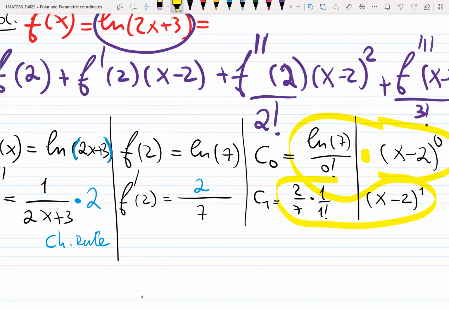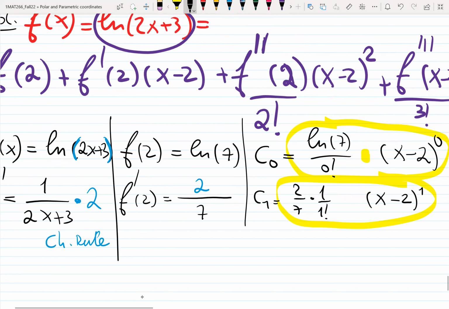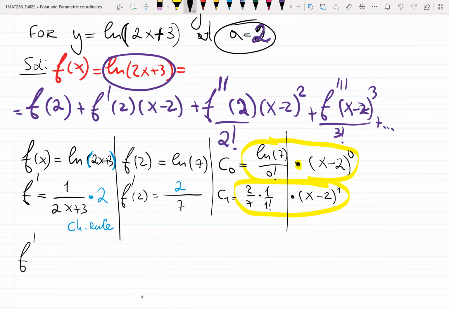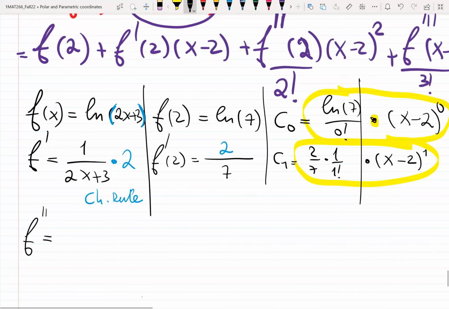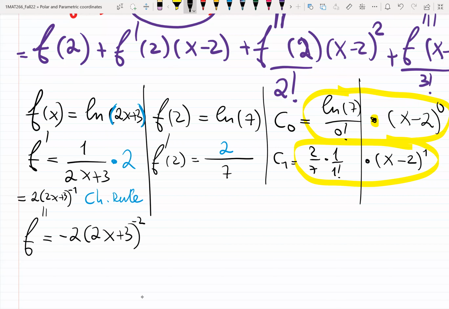That's how you find the terms. For the third term, the derivative of that is now a power rule: 2 times (2x plus 3) to the minus 1, so minus 1 goes down and it's minus 2 times (2x plus 3) to the minus 2. And don't forget to multiply by 2 one more time, because of the chain rule.